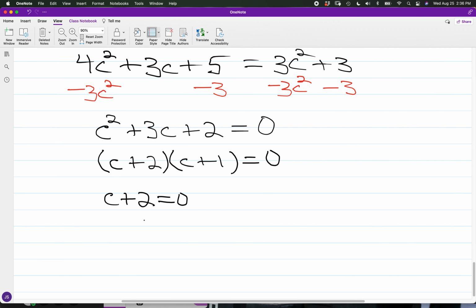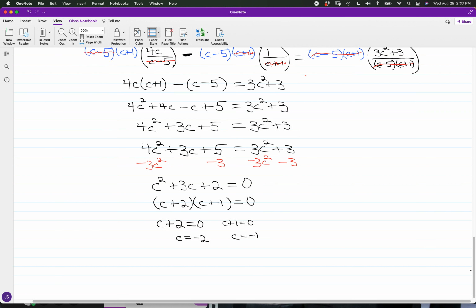So c plus 2 is equal to 0, and we'll have an apparent solution of negative 2. And with c plus 1 equal to 0, we have that c is equal to -1.